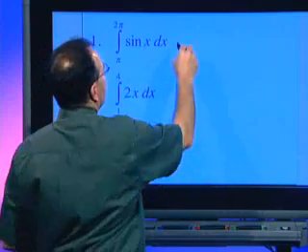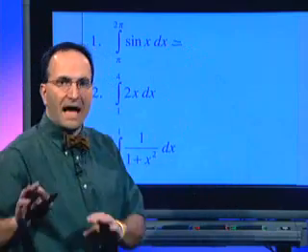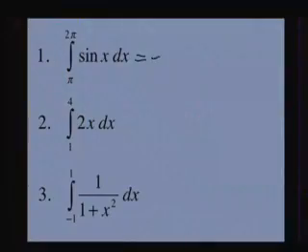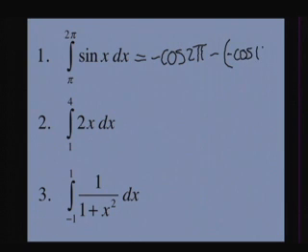So this would be equal to negative cosine of 2 pi minus negative cosine of pi. And when we evaluate that, we will get an answer: negative 1 minus 1 equals negative 2.